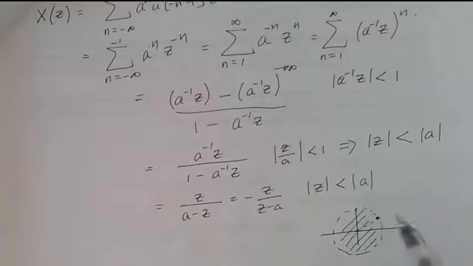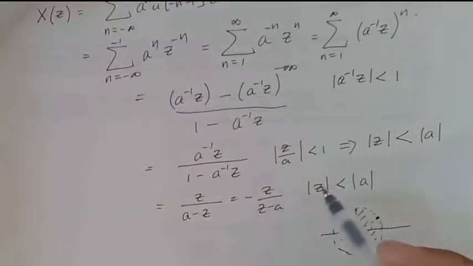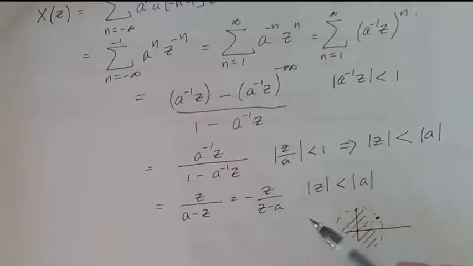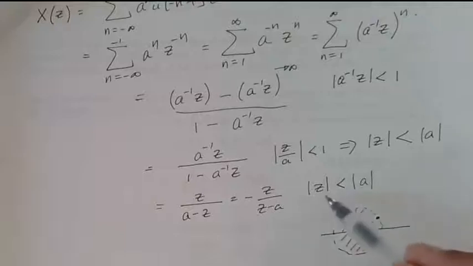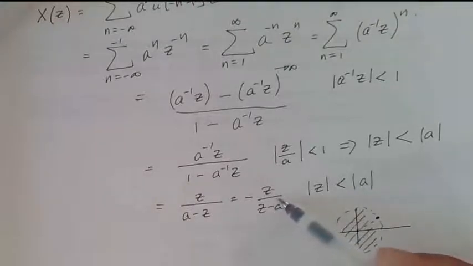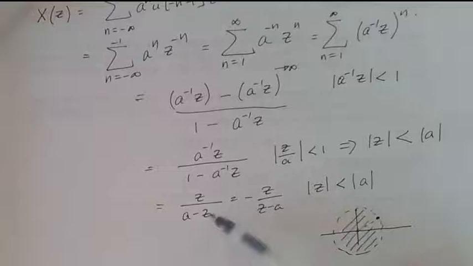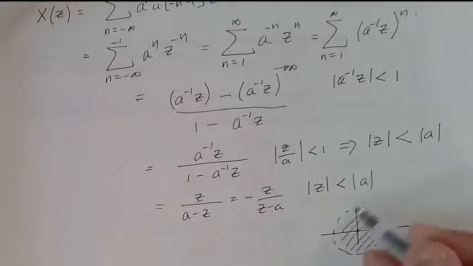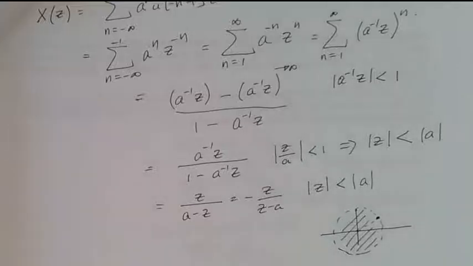Okay, so in the case of the causal system, I had z transform z over z minus a, and the region of convergence was outside of the circle. And in the case of the anti-causal signal, which is a left-sided signal, the region of convergence is inside some circle. Okay, now, that is important.